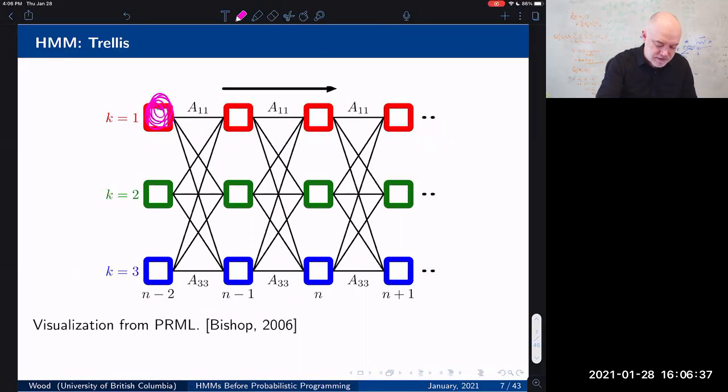So you might start with Z equals 1, and the edges here are the weights, the entries in this matrix A, and they correspond to the probability of transitioning, say, for instance, to Z2 equals 3, and Zn minus 2 equals 1, Zn minus 1 equals 3, Zn equals 2, so on and so forth. Okay, and all the weights on all of these edges are just the entries in the transition matrix, or one of the entries in the K pi vectors.